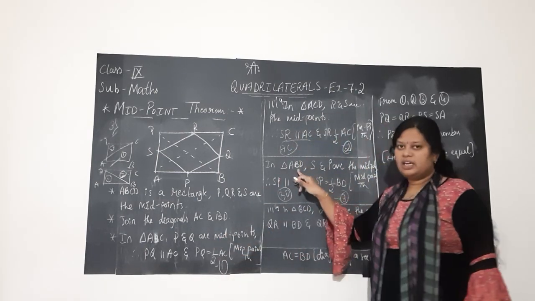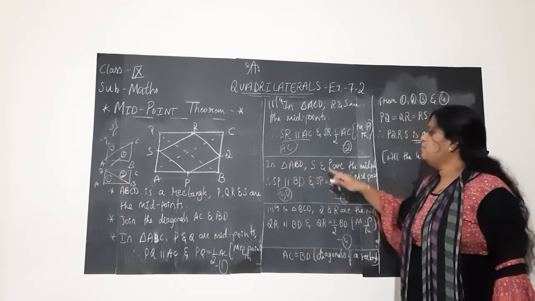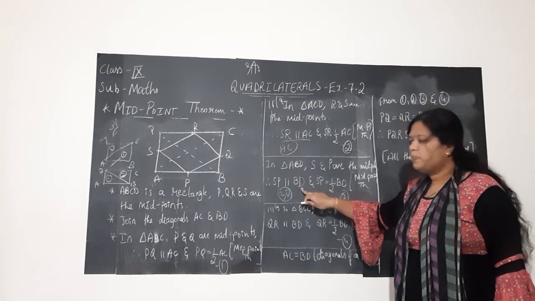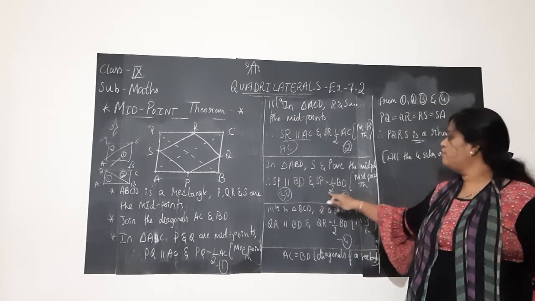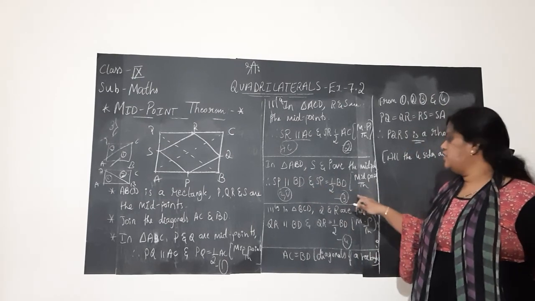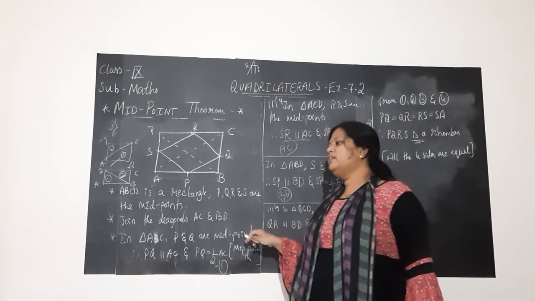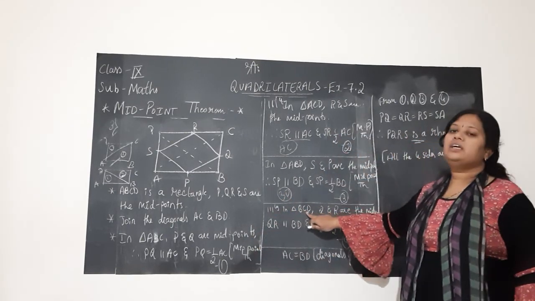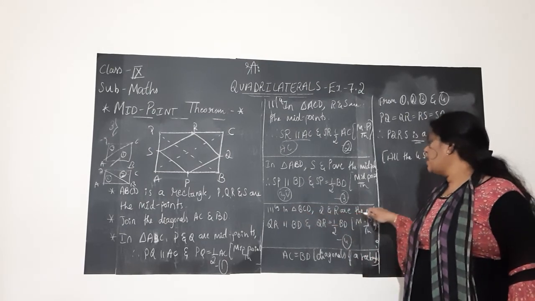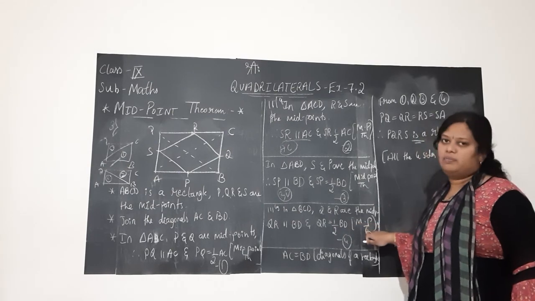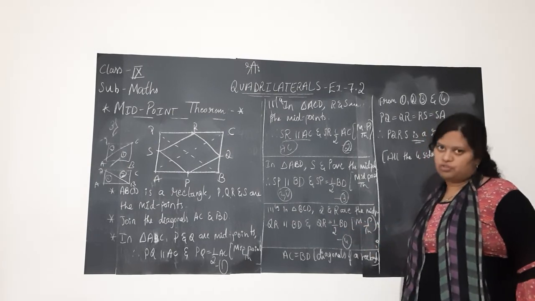The first is triangle ABD. In triangle ABD, S and P are the midpoints. So SP is parallel to BD, and SP is half of BD, again by midpoint theorem; call it equation 3. The second triangle we get from diagonal BD is triangle BCD. Here Q and R are the midpoints, and QR is parallel to BD, QR is half of BD by midpoint theorem. Call it equation 4.